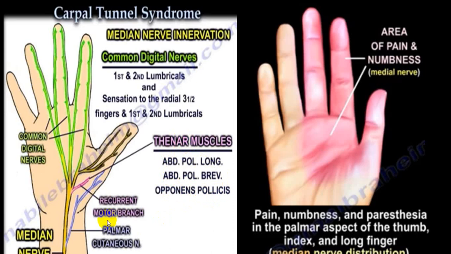And you will also have loss of sensation in the palmar cutaneous nerve supply area. So these will be the components of the median nerve which will be involved. You will have motor fibers involving the lumbricals and thenar eminence, and that will produce typical muscle involvement in the palm region.